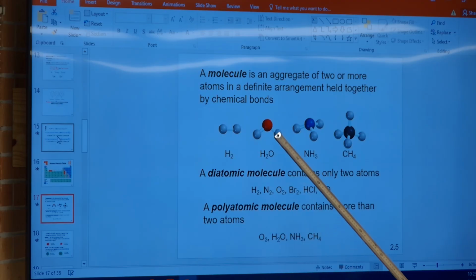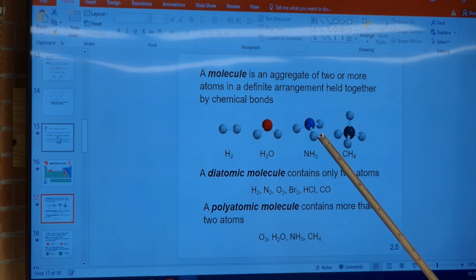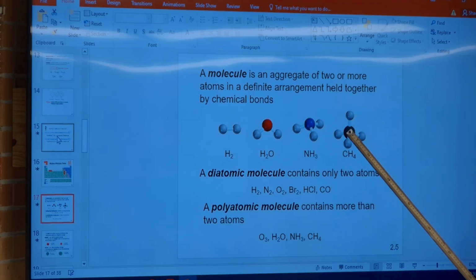And you see these 2 chemical bonds are not in a straight line, they are bent. This is 3 hydrogen atoms bound with 1 nitrogen atom in blue color through 3 chemical bonds. And this is 1 carbon atom bound with 4 hydrogen atoms through 4 chemical bonds.